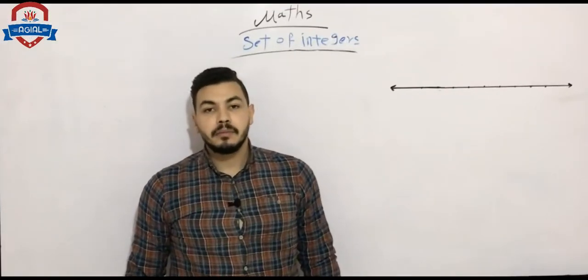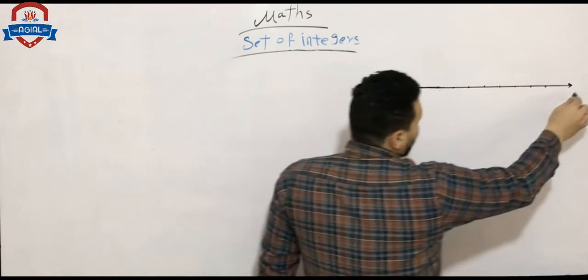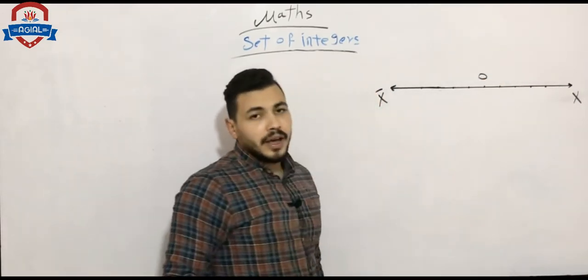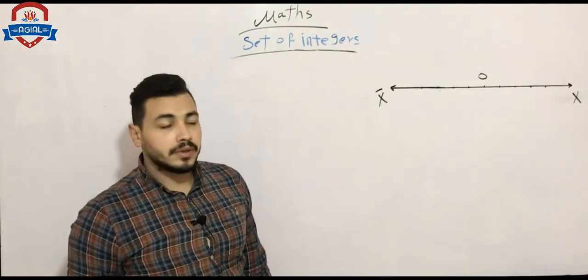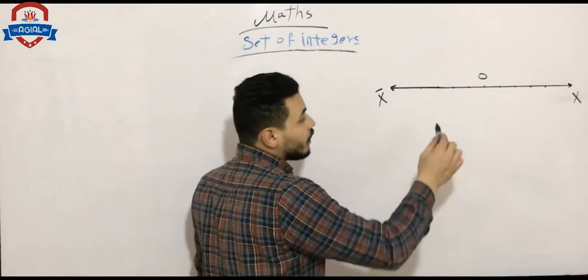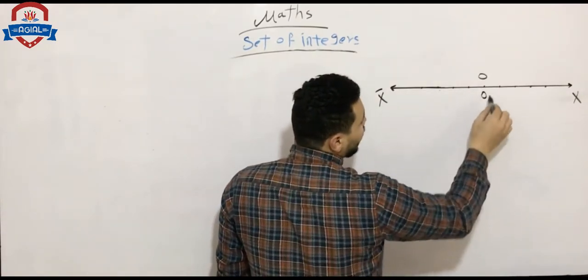We have the number line x'x, and the middle point is O. And you had studied before the set of natural numbers. So if we expand the set of natural numbers in the direction of the number line OX, we have in the middle point O, 0.